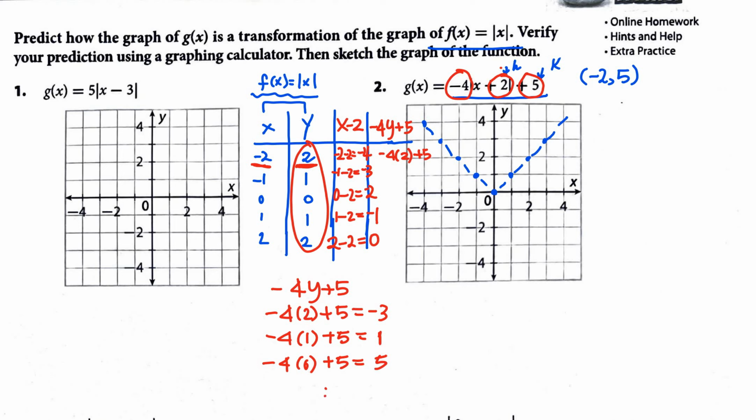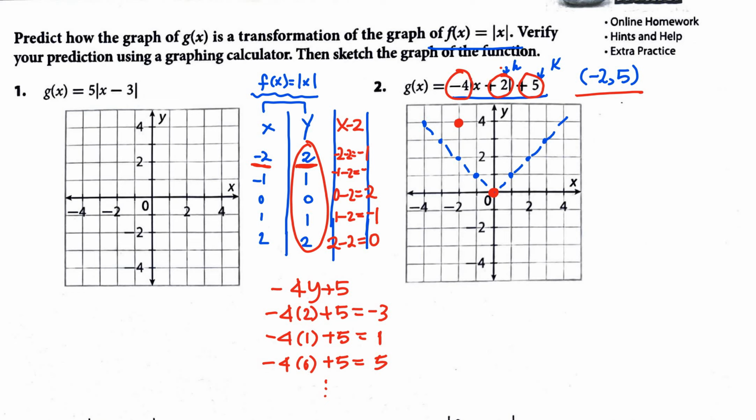So and so on, we can find and plot the points, but from the given graph we know -2 and 5. I'm going to erase this part so I can draw the graph better. -2 and 5 right here. So the original function's vertex moves up here.